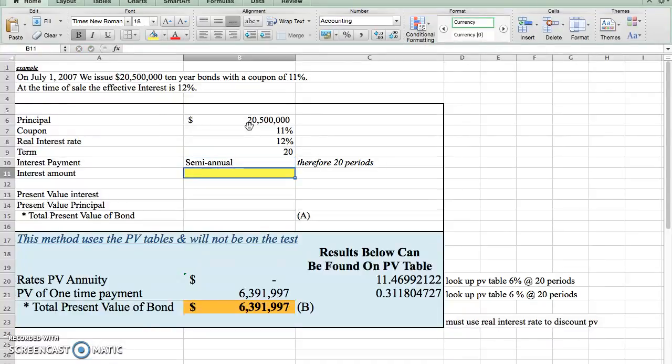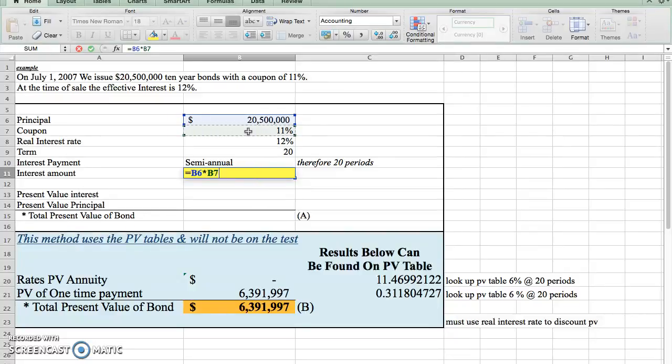Now we have to calculate how much interest the company is going to pay the bondholders. So I'm going to be in B11, and it equals the principal multiplied by, using the asterisk, the coupon. In this case, the company has promised to pay 11% to its bondholders. Now this 11% is an annual interest rate.